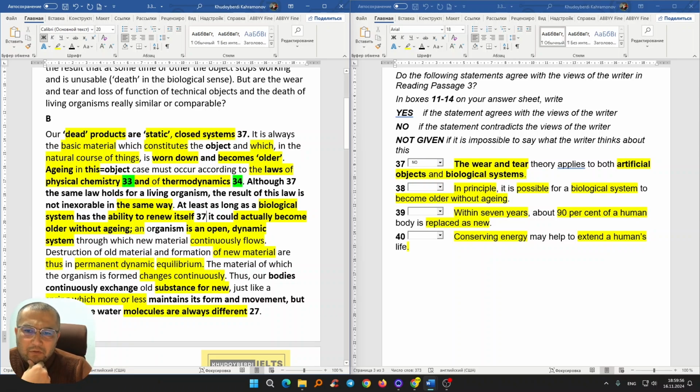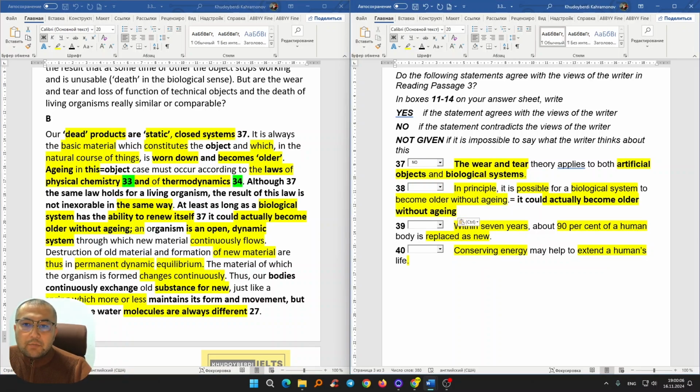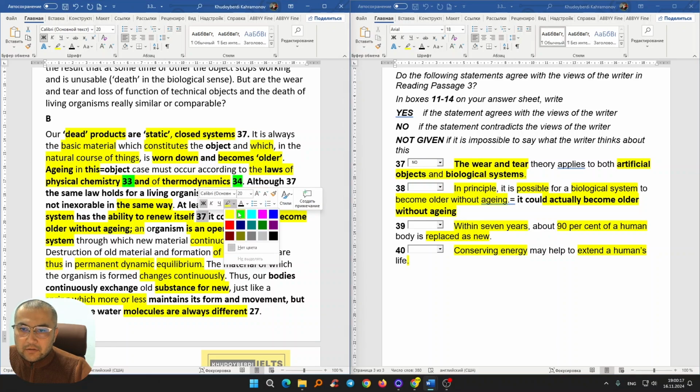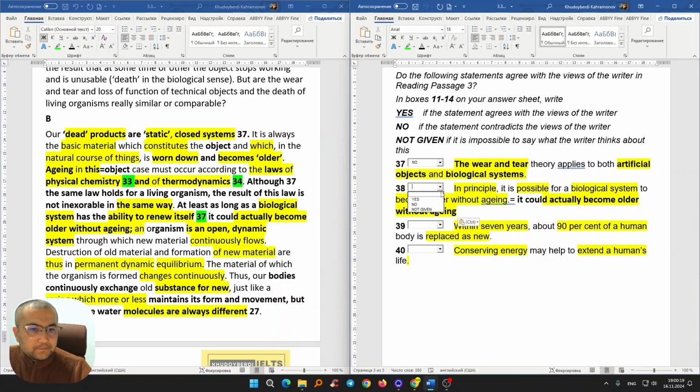Without aging, of course, because it could actually become older without aging. It's given kind of word by word, right? So it's word by word. That's why it's going to be yes. Now 38 here.